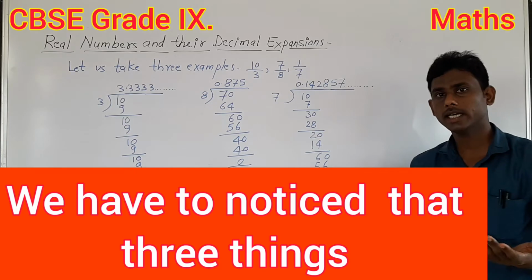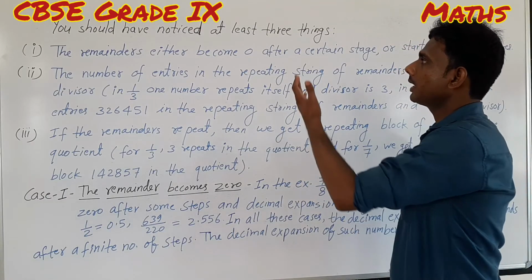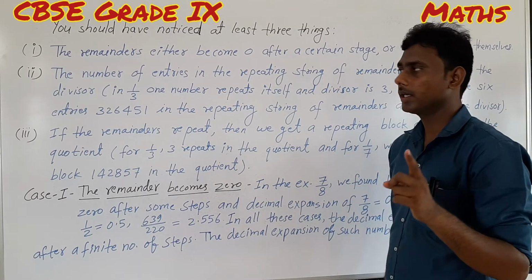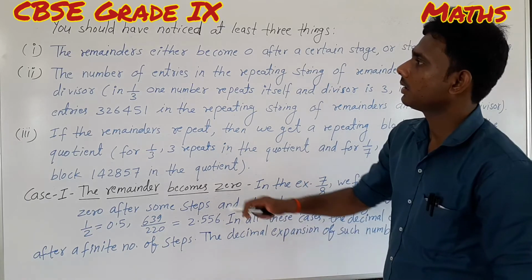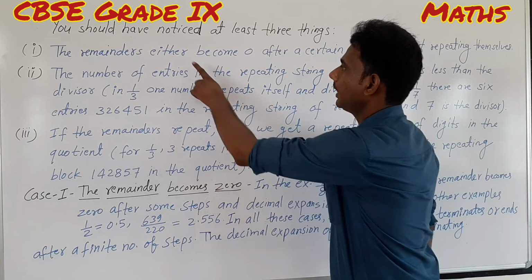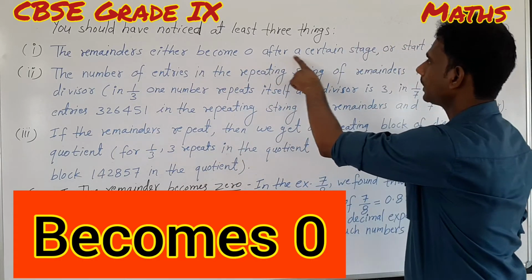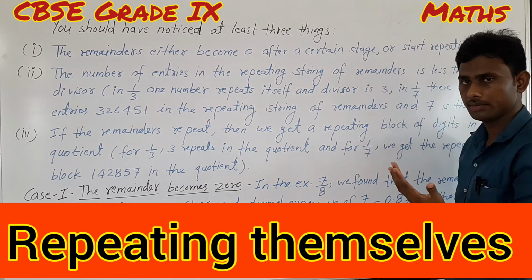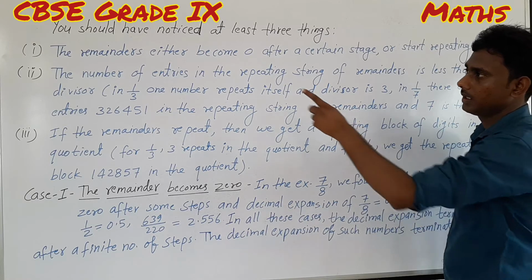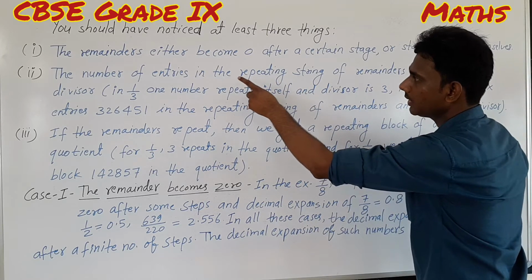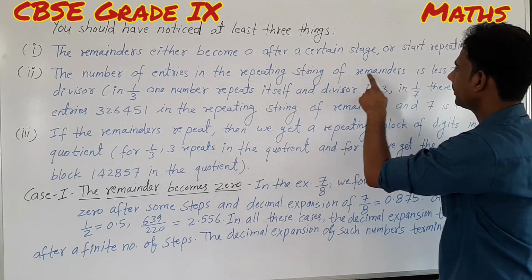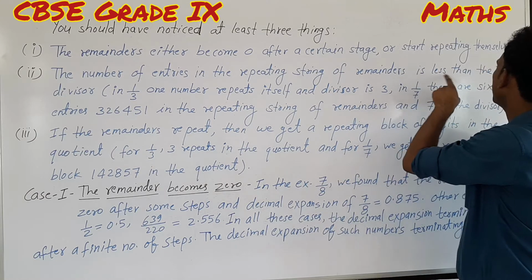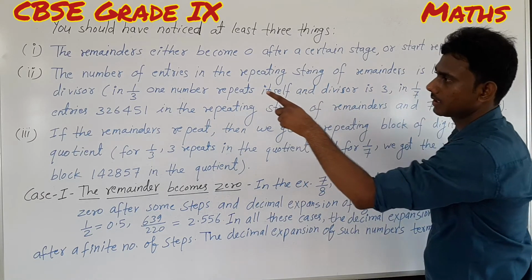We have to notice 3 things. You should have noticed at least 3 things. Number 1, the remainders either become 0 after a certain stage or start repeating themselves. Number 2, the number of entries in the repeating string of remainders is less than the divisor.